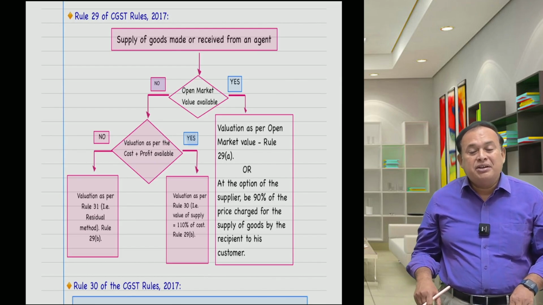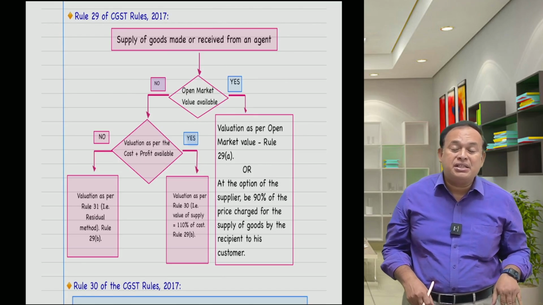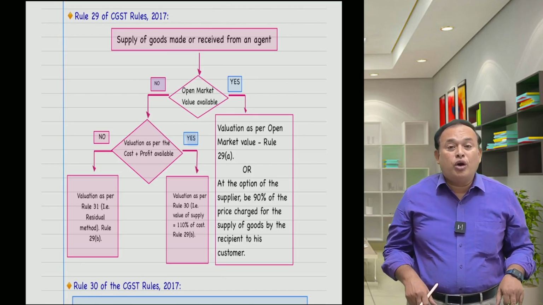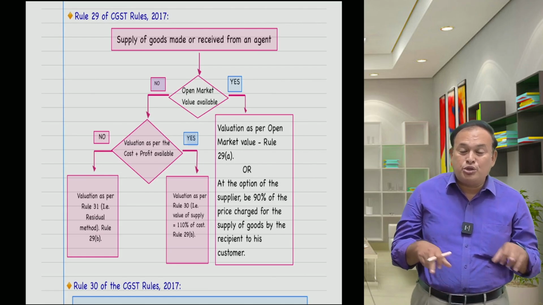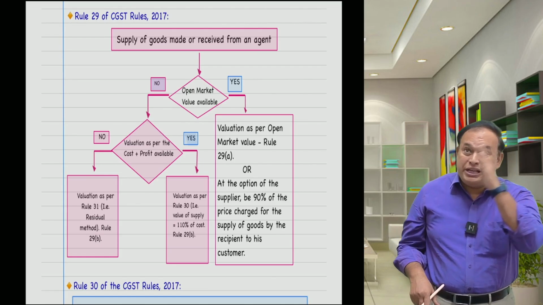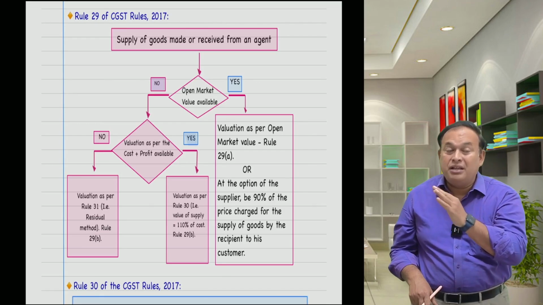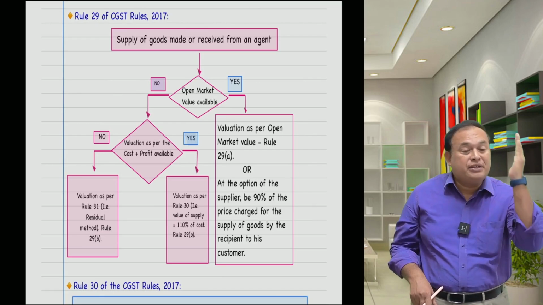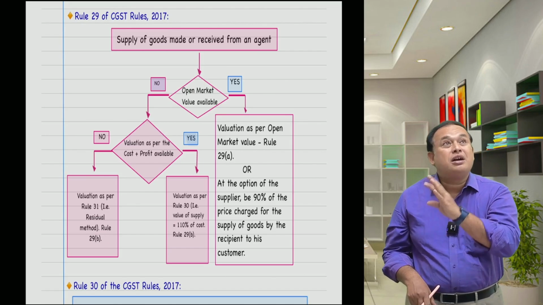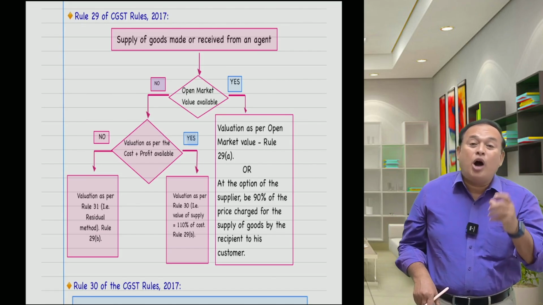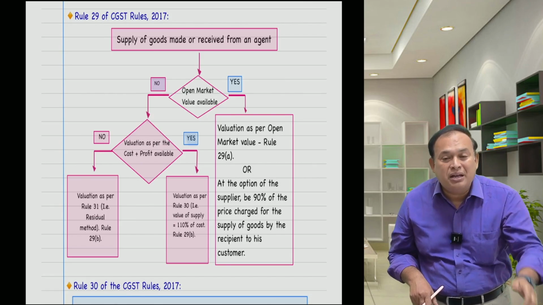In such cases, there is a flow of supply of goods from principal to the agent. If the goods have been supplied from the principal to the agent, where the agent is not going to pay the principal, how to arrive at the value in the hands of the principal?